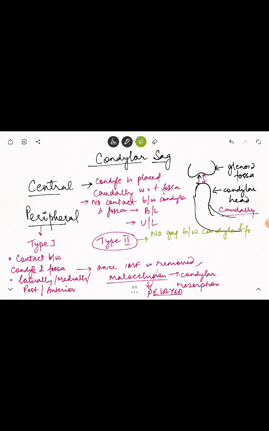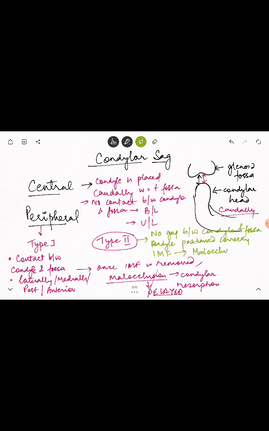There is no gap between them. The condyle is positioned correctly. But now here is a twist. Now we will remove the IMF. So once we remove the IMF, we will see that there is immediate malocclusion.